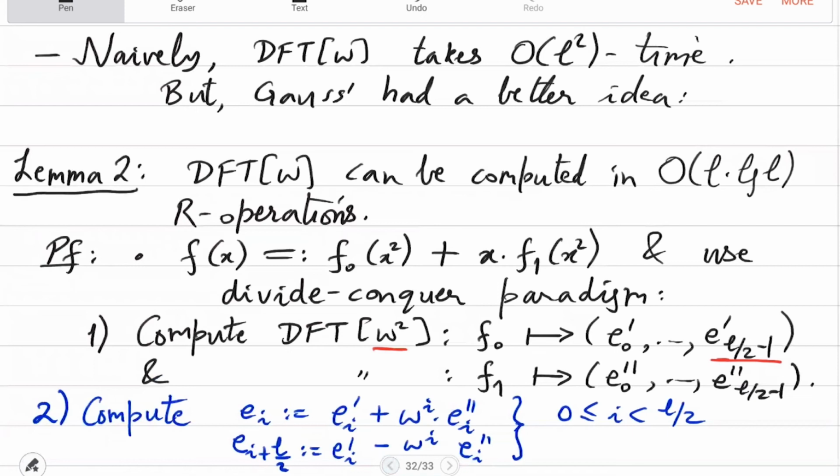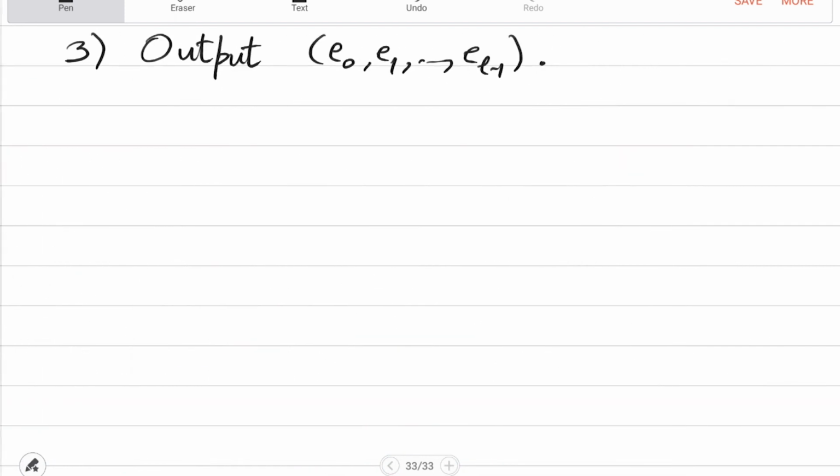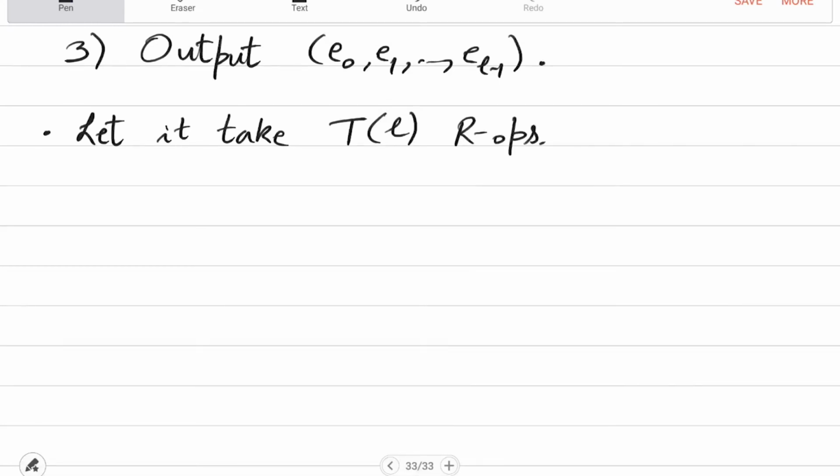Right, how many R operations does this take? So let T_L be the number of R operations for DFT omega.